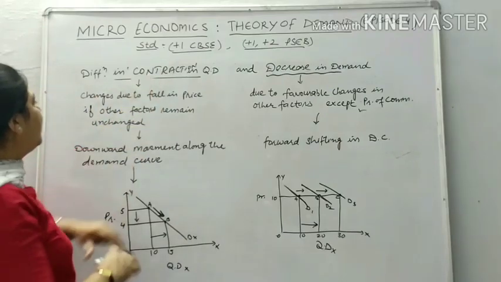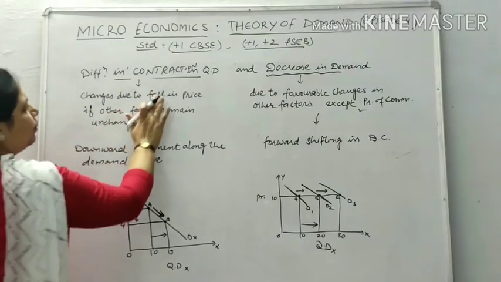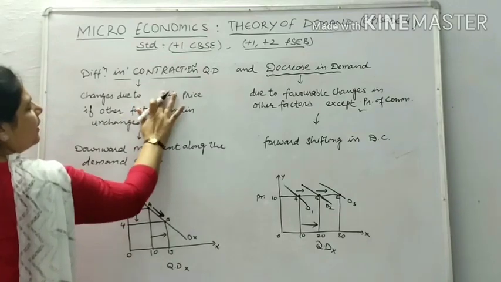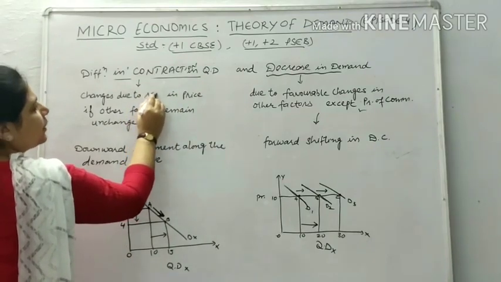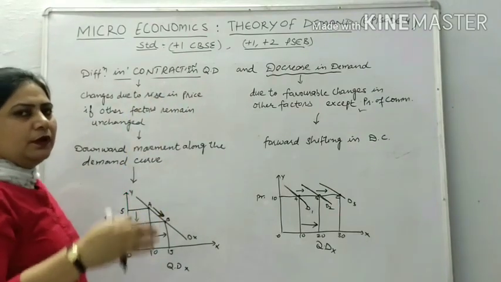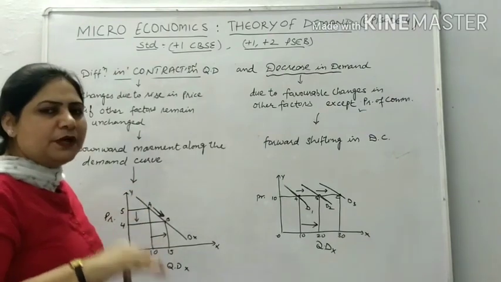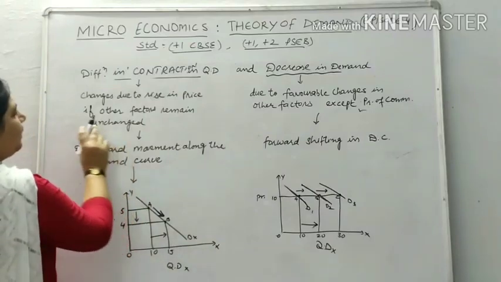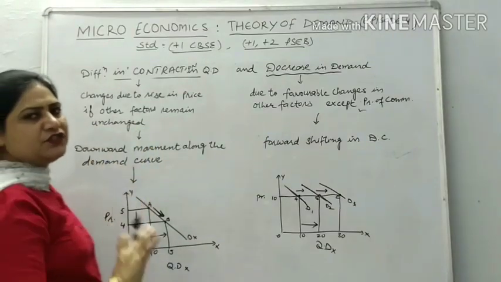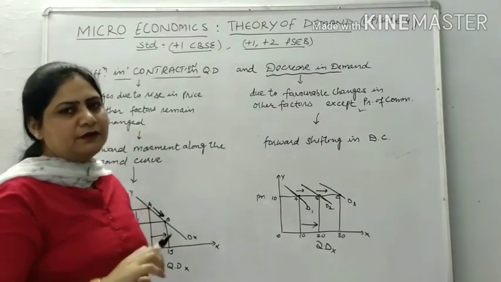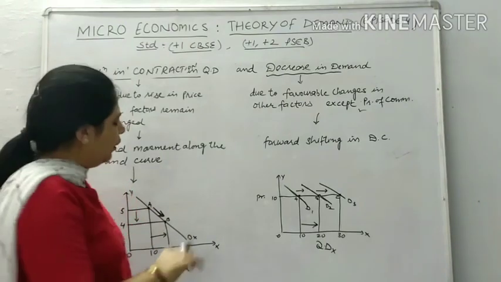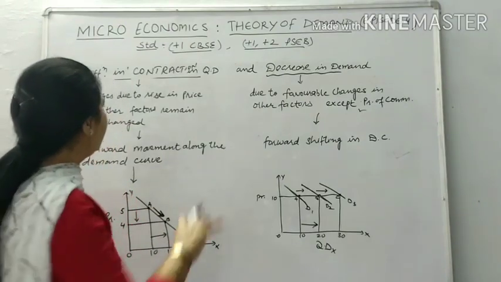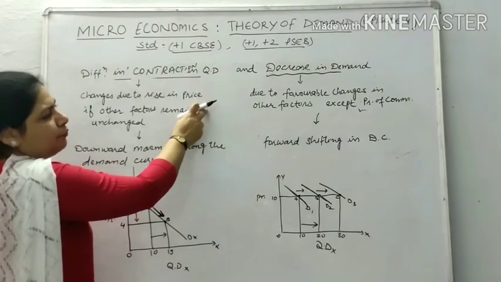Now contraction in demand occurs due to a rise in price. When there is a rise in price, the consumer tends to purchase a lesser quantity of good X, if other factors remain unchanged, meaning no other factor is affecting the consumer's demand except the price of the commodity.